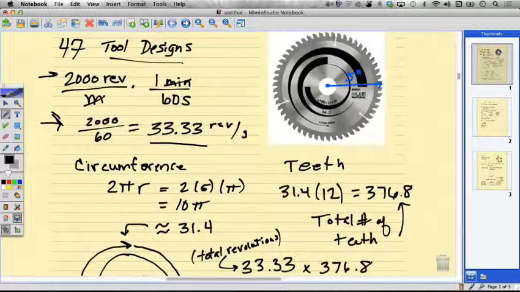In 1 second, it spins around a little bit more than 33 times.